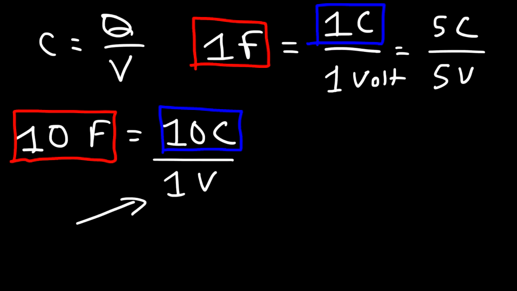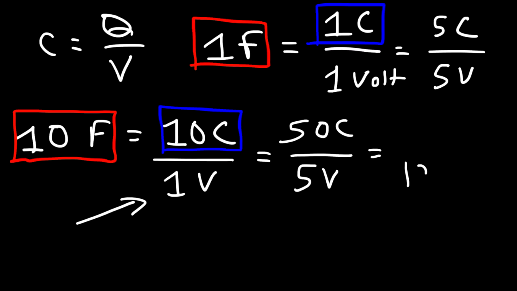Now, we can increase the amount of charge stored on a given capacitor by increasing the voltage applied to it. For instance, if we increase the voltage to 5 volts, we can store 50 coulombs of charge. If we increase the applied voltage to 12 volts, we can store 120 coulombs of charge.